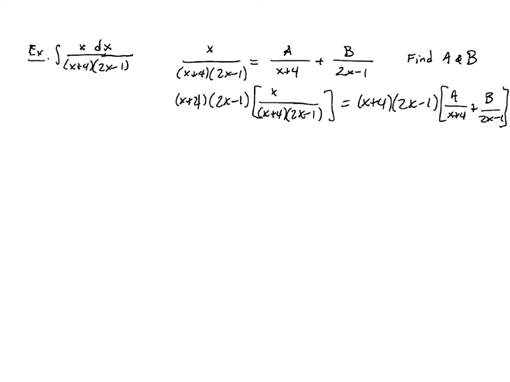And when you simplify the left-hand side, those x plus 4 factors cancel and the 2x minus 1 factors cancel, and we get x on the left-hand side.